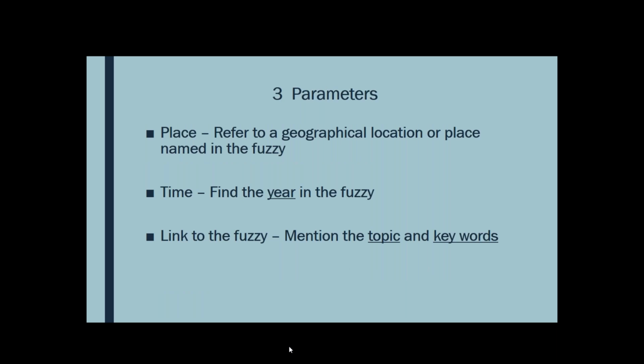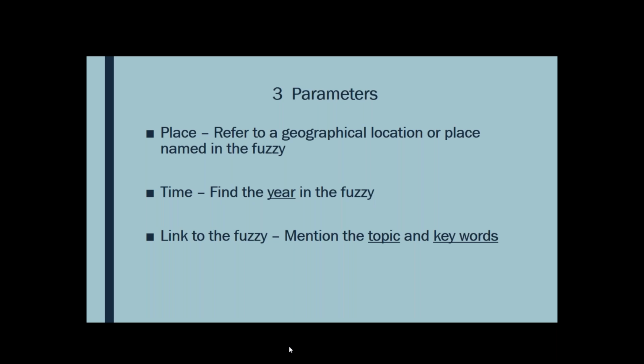The three parameters that we're talking about: place refers to a geographical location or a place, it might be an organization, in the future scene. The time, find the year, and again, if they say something tricky like, in the decades since 2012, this happened.